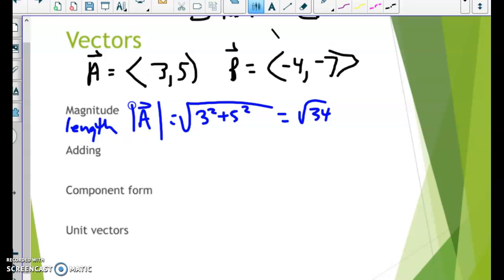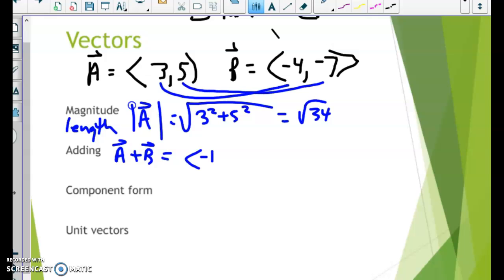All right, we can also add components. If I want to do A plus B, I would take the x value from both of those and add them together, and I would do the same with the y values. And so there's the vector A plus B. Now, component form is what we're using.